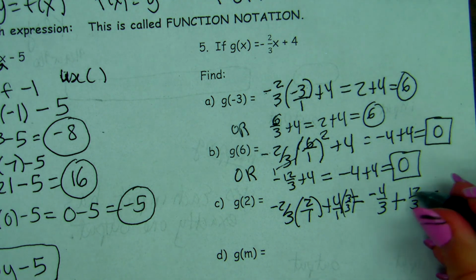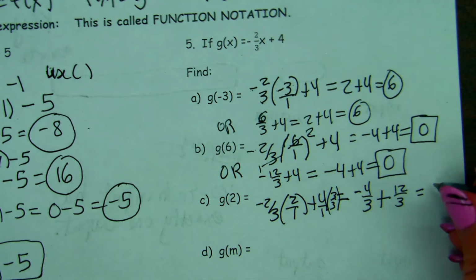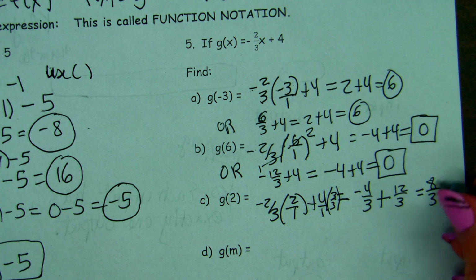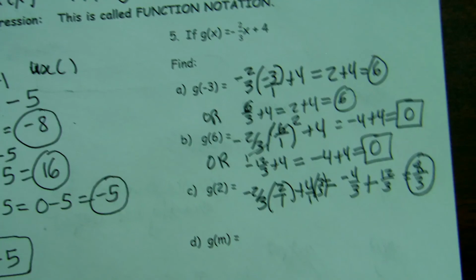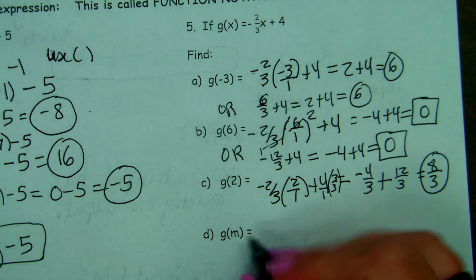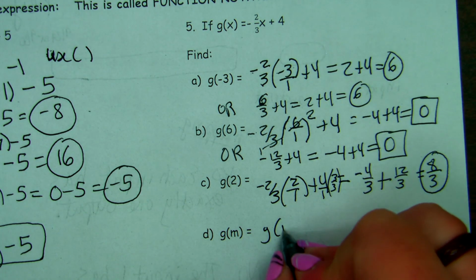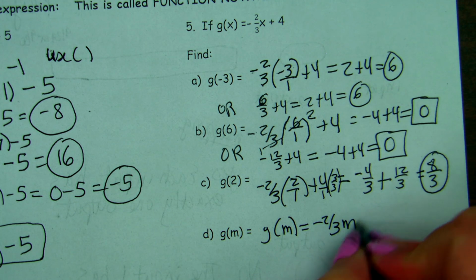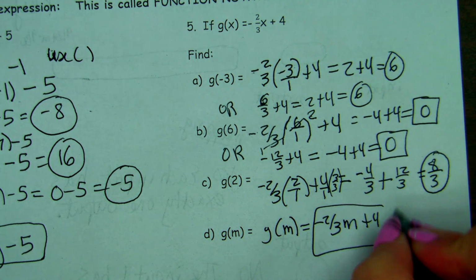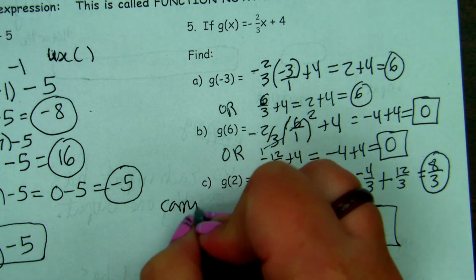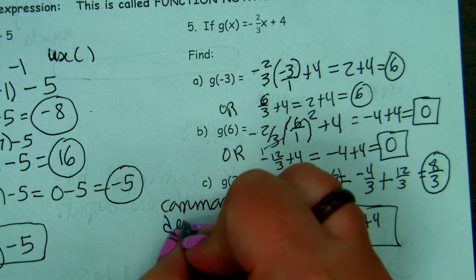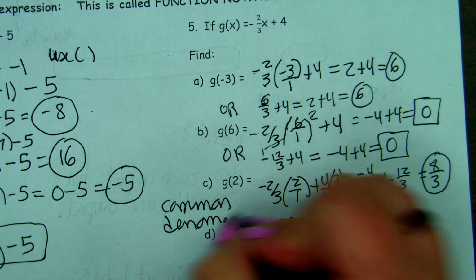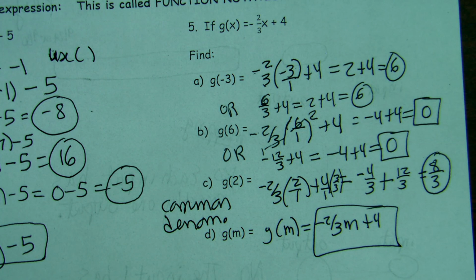So what's 12 minus 4? 8/3. Fun fractions. And then if you substitute m in, it's just g of m equals negative 2/3 m plus 4. So on this one we needed a common denominator, because they were fractions and they had different denominators.